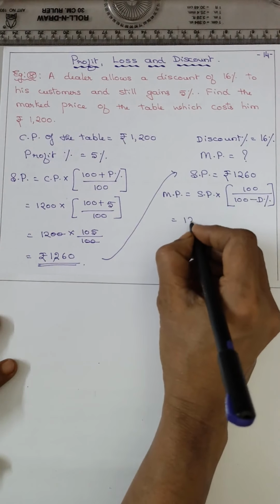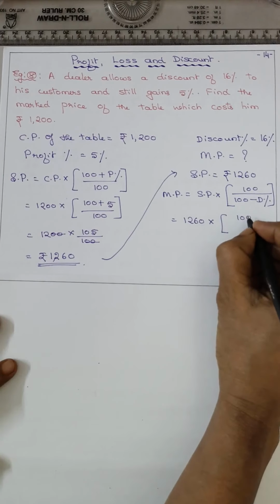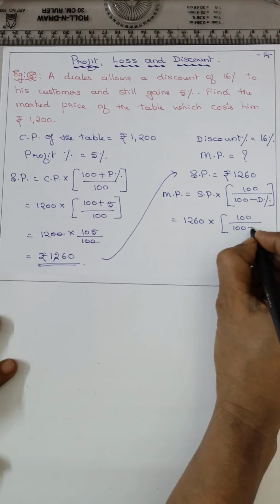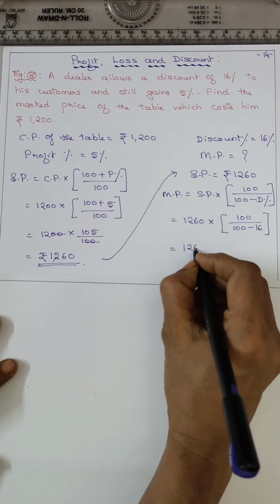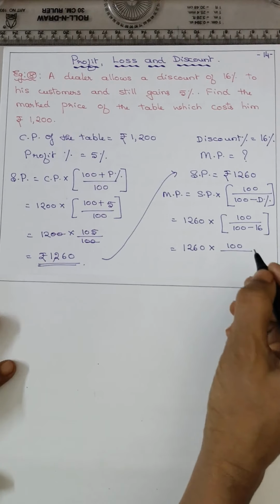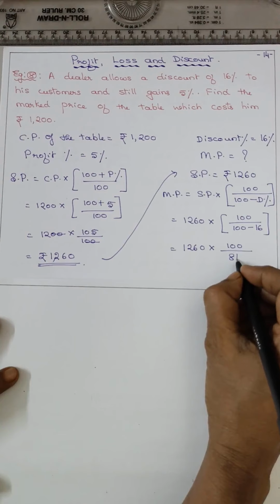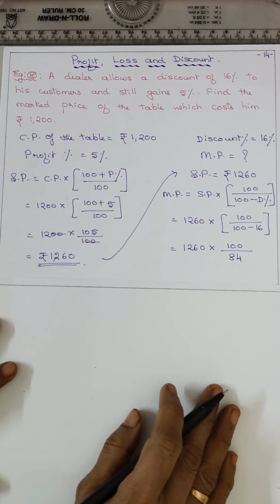SP is 1260 into 100 upon 100 minus 16. That is 1260 into 100 upon 100 minus 16, which is 84. 10 minus 6, 4. Now 9 minus 1 is 8.